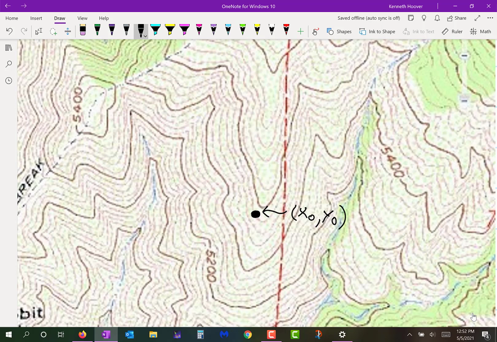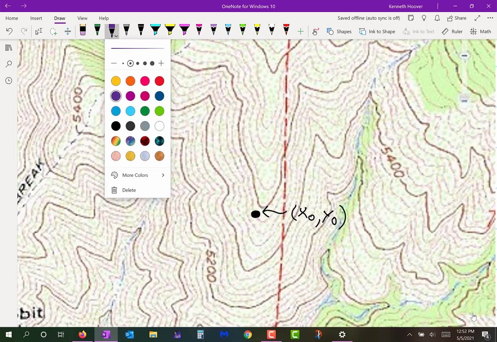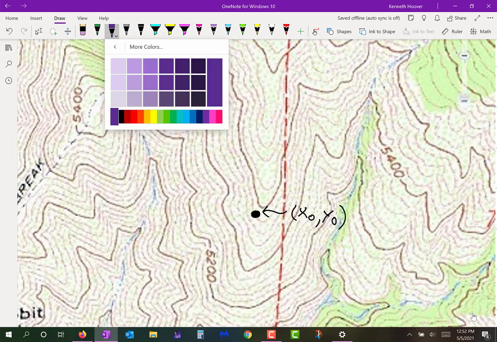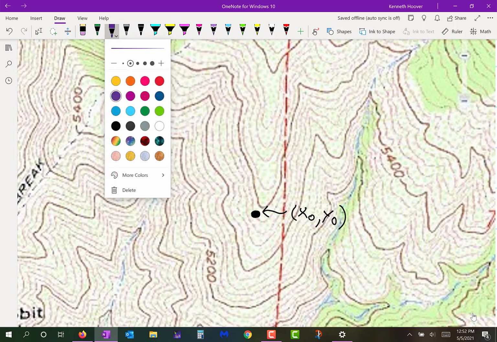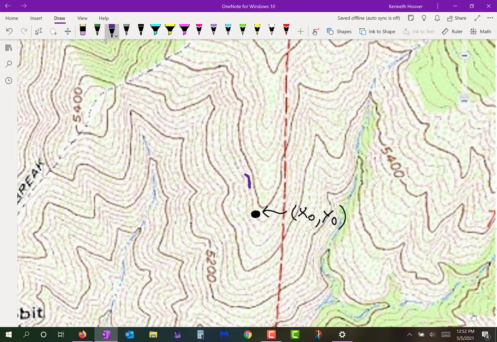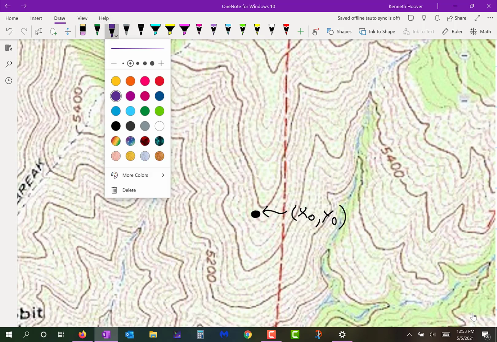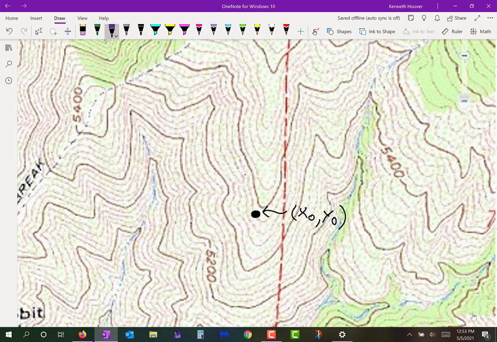So here you can see, I'm going to try to make this level curve a bit darker so we can see it. Not quite, so we'll just use purple. Okay, so we have this level curve going through here. That's too thick. Let me make it thinner. Okay, so we have this level curve right here going through that point.